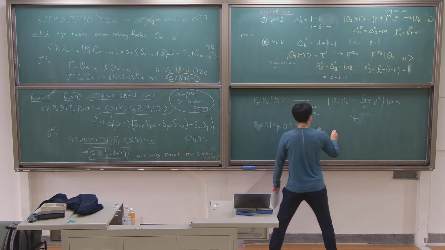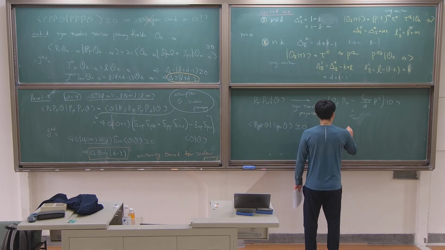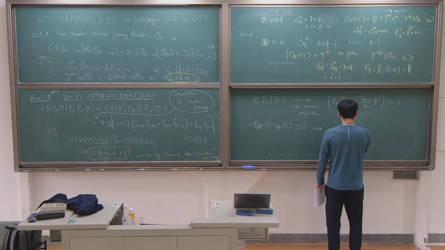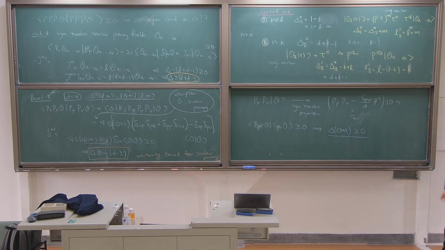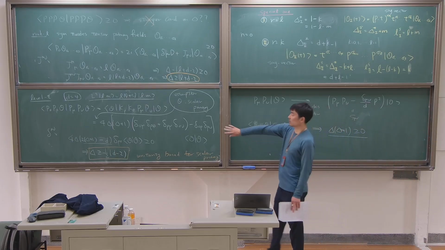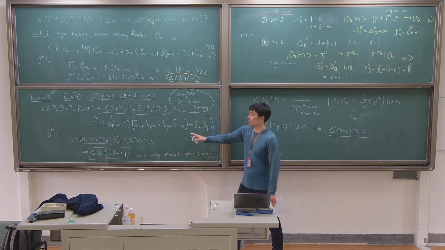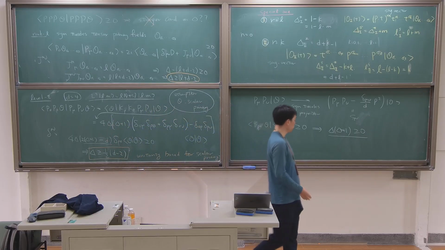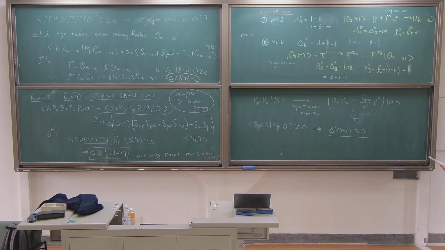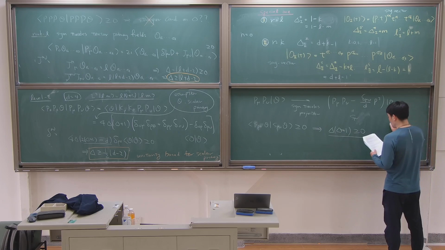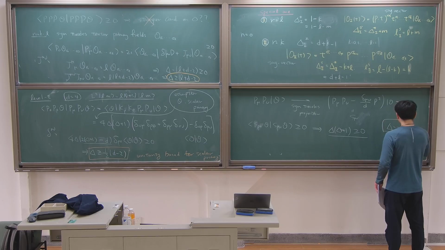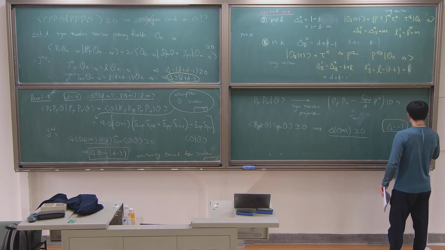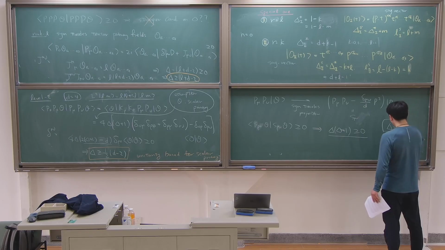This will tell you that delta times delta plus 1 is greater than or equal to 0. So you just get rid of this part and only look at this part. And in fact, if you look at this closely, you will see that the case delta is minus 1 is non-unitary, but it becomes a zero norm.